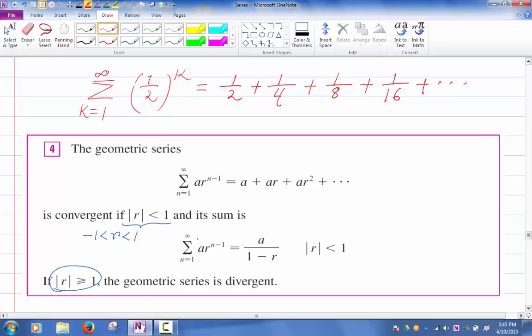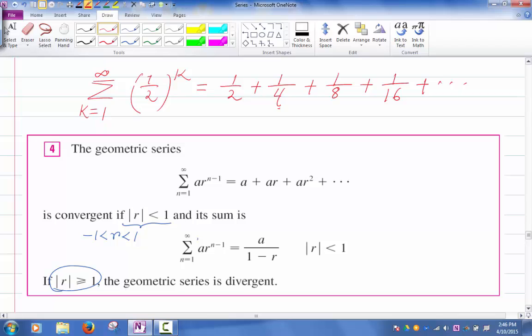If you look at the terms, if you divide any term by the previous, what do you get? Half. Divide 1/8 by 1/4, what do you get? Half. So you know that the common ratio here is half.